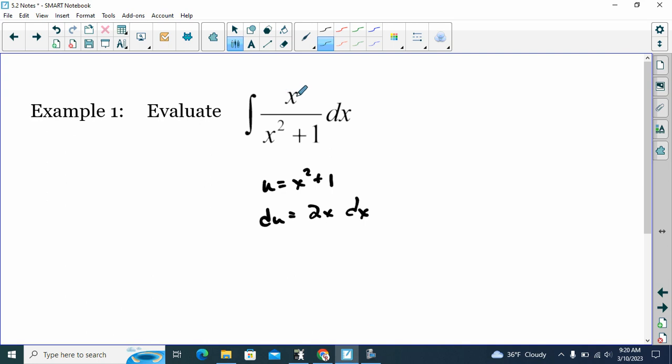We need 2x dx, so we multiply by 2, and 1/2 to cancel out the 2. 2x dx, there's du. I've got x squared plus 1 on the bottom, which is u. And I've got the 1/2 out front.